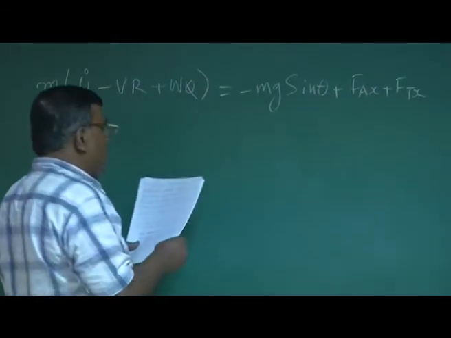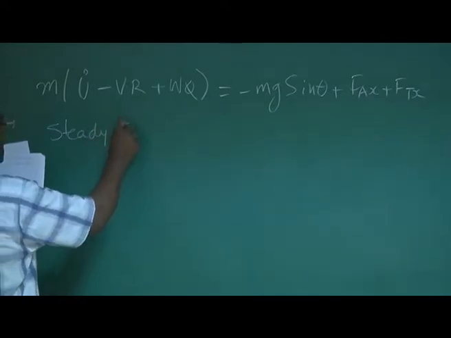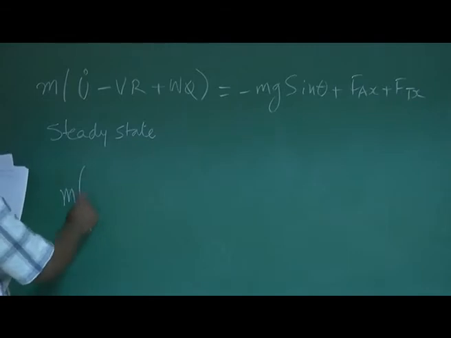Right? Let us try to see what this means when you talk about the steady state equation of motion. If I am talking about steady state, then what will happen? This will end up with u dot becoming 0.